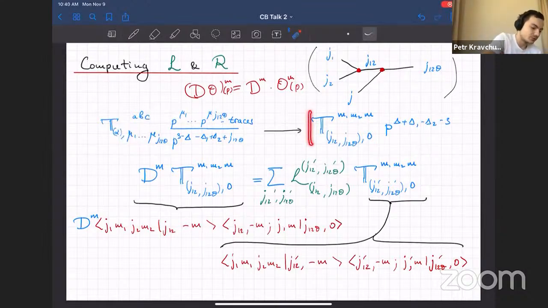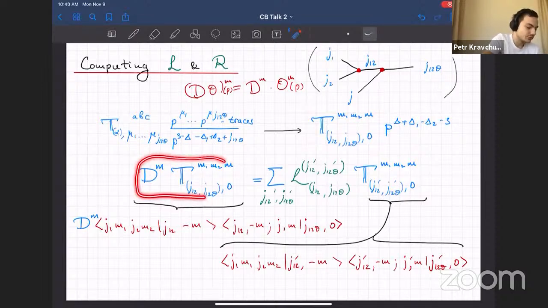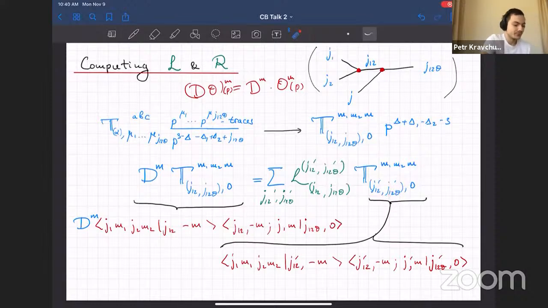And so what I want to do now is multiply this tensor by dm, which is this, and expand it in a linear combination of tensors without dm, but with some new j1, 2 prime and j1, 2, O prime. And if you now remember how we define these tensors, we define them in terms of a product of 2 Kravchuk coefficients.